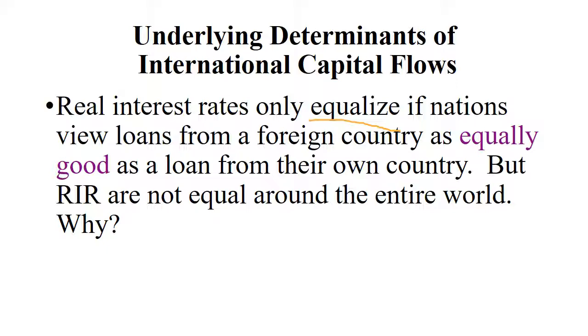What if there's a bank run? Will the government take over these banks? Is there corruption? Is there rapid inflation that'll impact the value of my money once I switch it over to their currency? So real interest rates haven't just equalized all across the entire world because countries aren't viewed as equally safe places for capital inflows to go into.